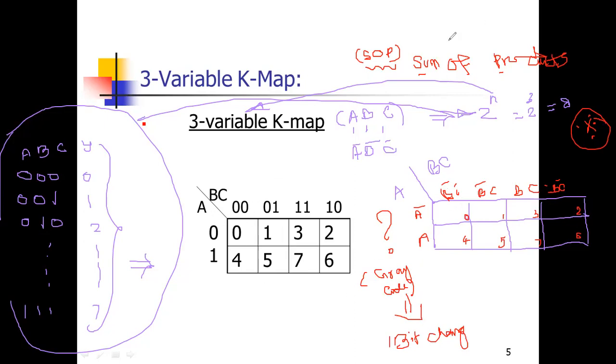How can we see this? Here B bar C bar means 0 0, then 0 1, 1 1, 1 0. Between the cells it gives only one change. 0 0 here, 0 as it is, this 0 changes to 1, only one change.